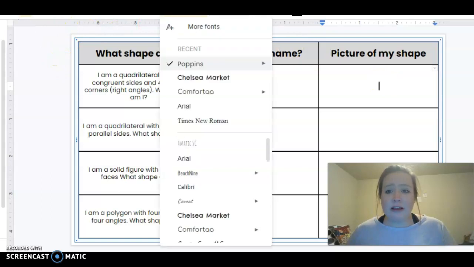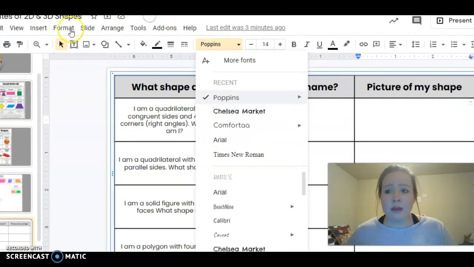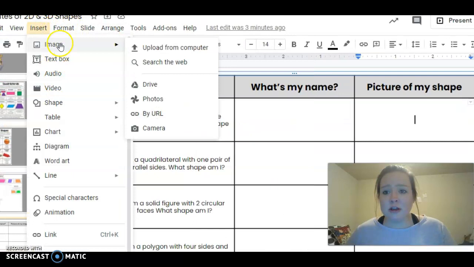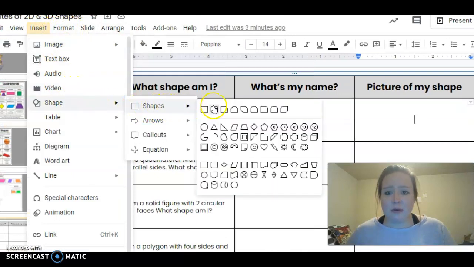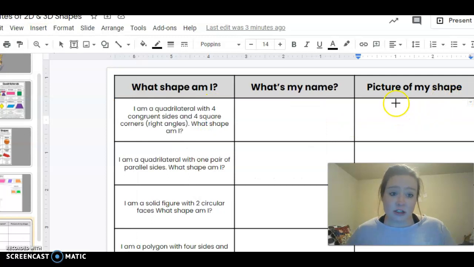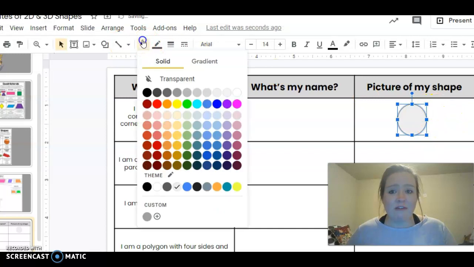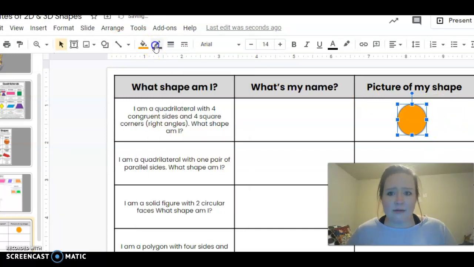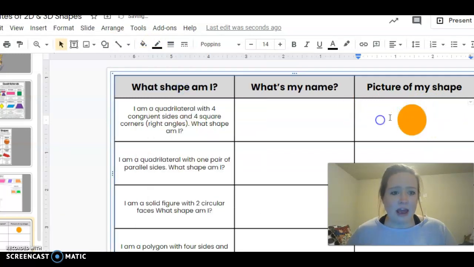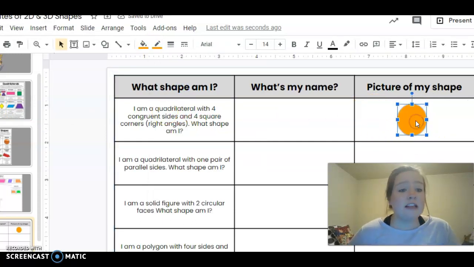Now, when I upload a picture, insert, let me do a shape, and let me just do a circle. It's not a circle. This one, you can quickly do that. If you want to fill it in, go ahead, fill it in, have fun with it, okay? This is not a circle, I'm telling you that right now. I'm just giving you an example. This one works because you can create the size.